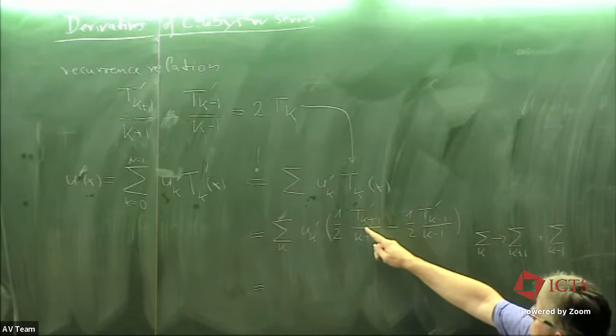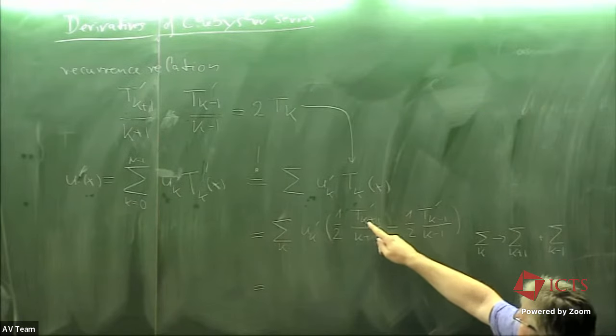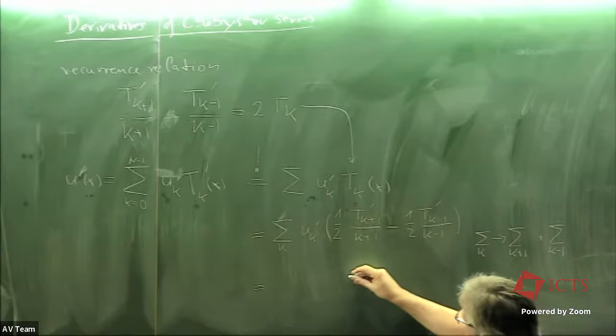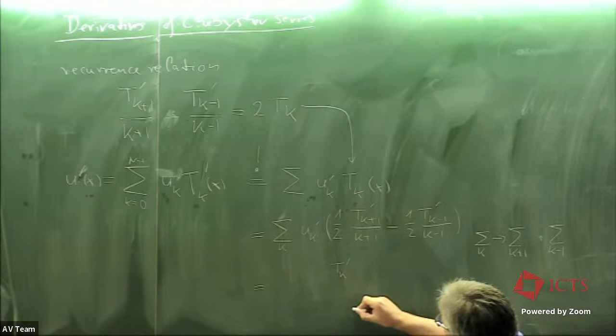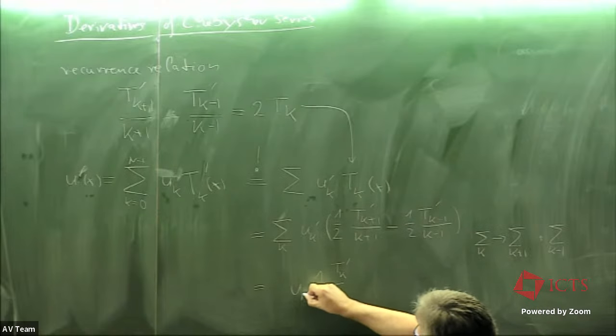For this first term here, I'm changing k to k minus 1, so that in the first term we have a T_k prime over k, 1/2, u_(k-1) prime.